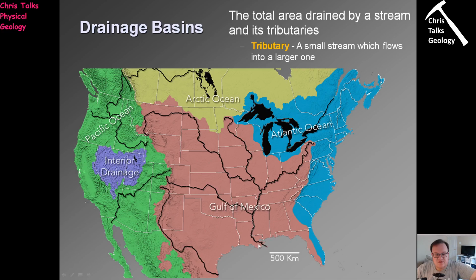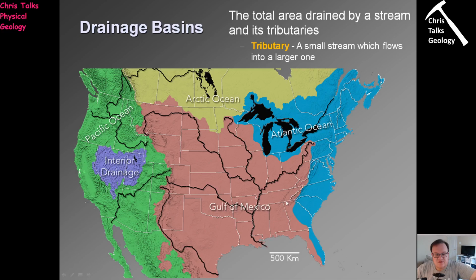All right. Just a quick aside while I suddenly remember. If you notice the basins that we have here, the 5 basins are actually separated by areas of high ground. So just take note here. The Atlantic Ocean basin, well, you have a ridge of high ground here, which we refer to as the Appalachians.